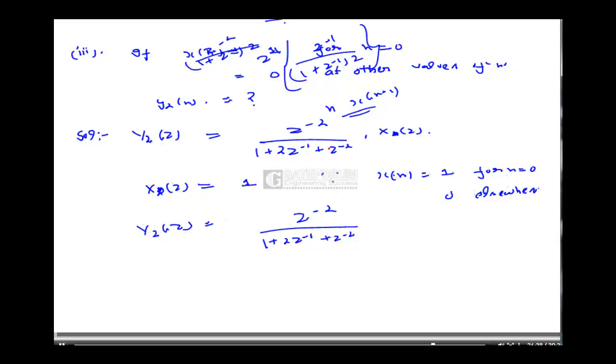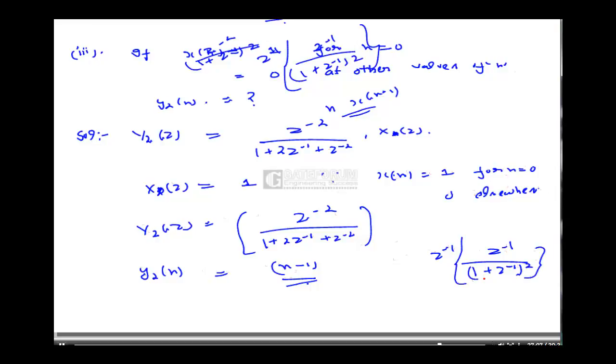Now to find the inverse of y2z, I will get y2n is equal to n minus 1. Why? Because this expression I can write as z to the power minus 1 times z to the power minus 1 upon 1 plus z to the power minus 1 whole square.